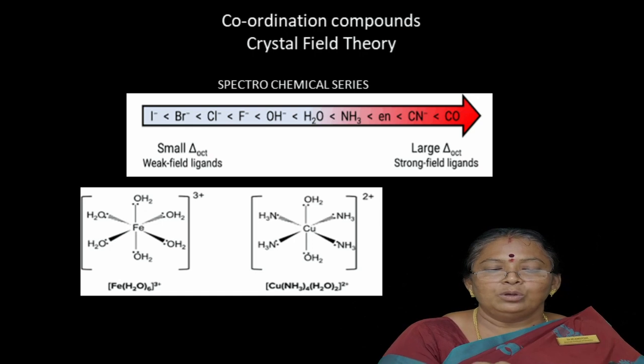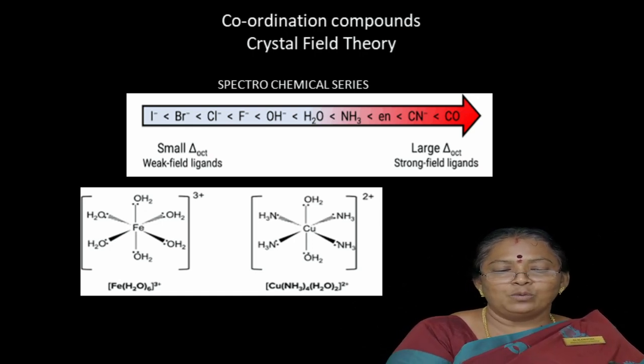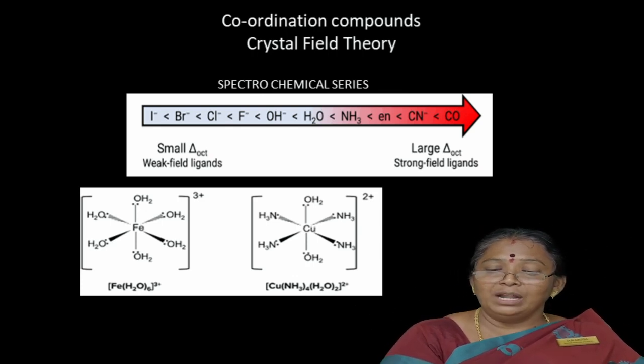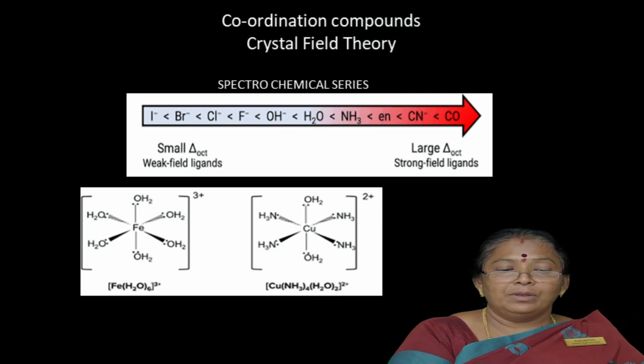we are going to separate the ligands into 2 groups. First one, weak field ligands, then strong field ligands. When the ligand field strength increases, the magnetic behavior as well as the colored nature of individual complexes differ.